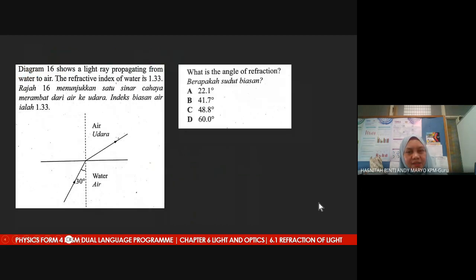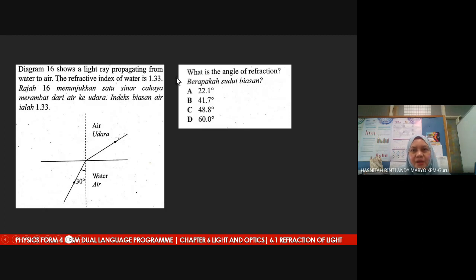Okay, students, what about this? Try the second diagram. Now we have a light ray traveling from water and then entering the second medium, which is air, right? And given the refractive index of water is 1.33.